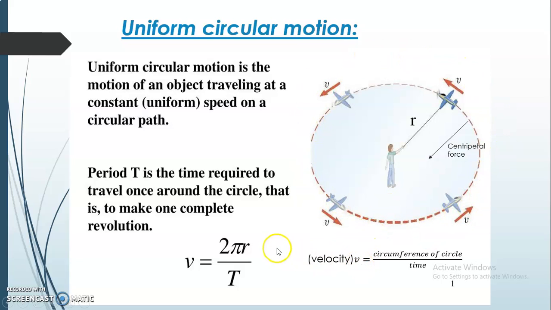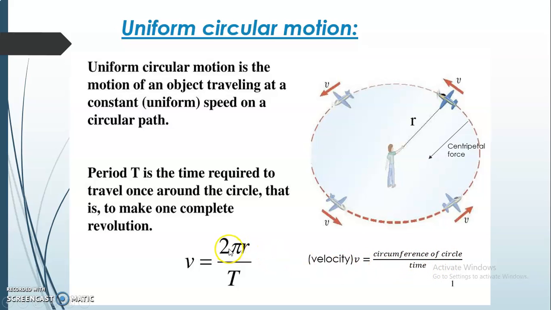So for this, one revolution is equal to the circumference of the circle, and the time period is t. Suppose period t is the time required to travel once around the circle, that is to make one complete revolution. In that case, velocity is given by the circumference of the circle divided by the time.